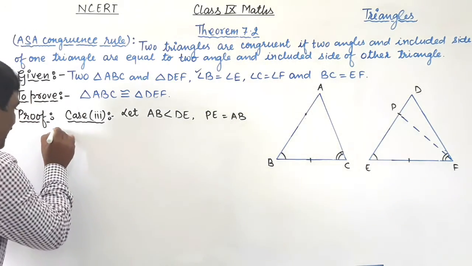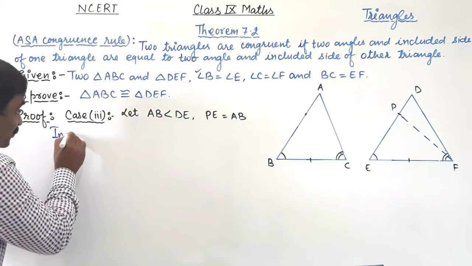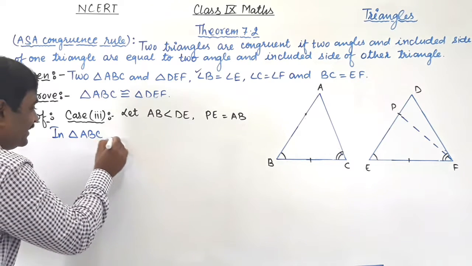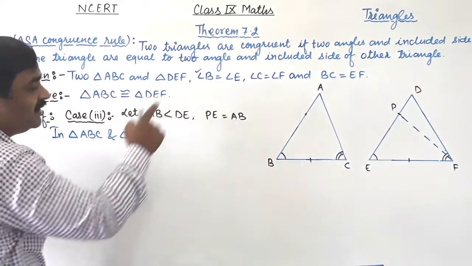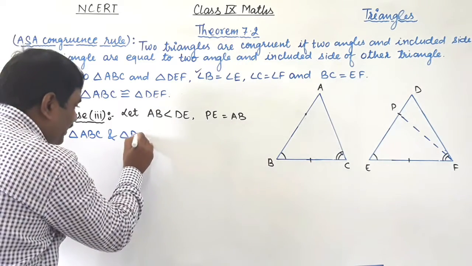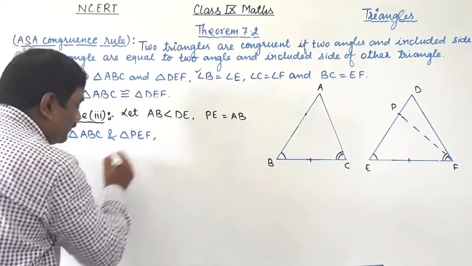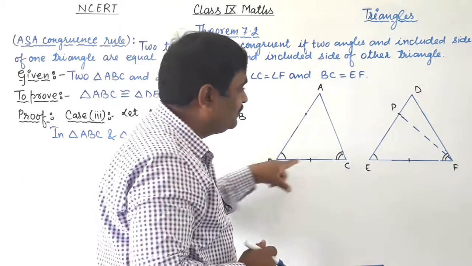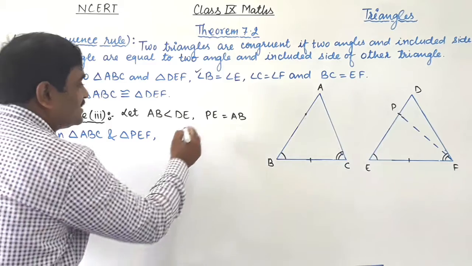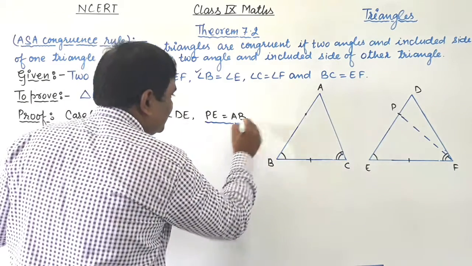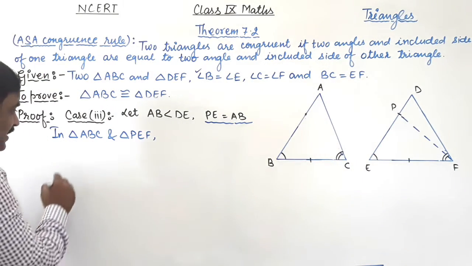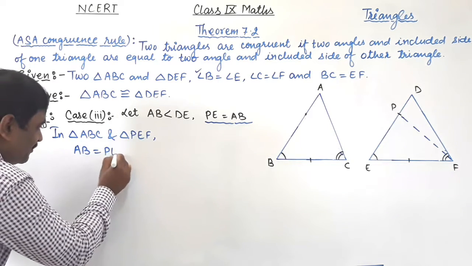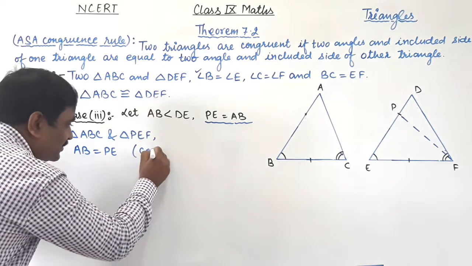Now we are going to compare these two triangles, triangle ABC and triangle PEF. AB is equal to EP, as you have constructed.